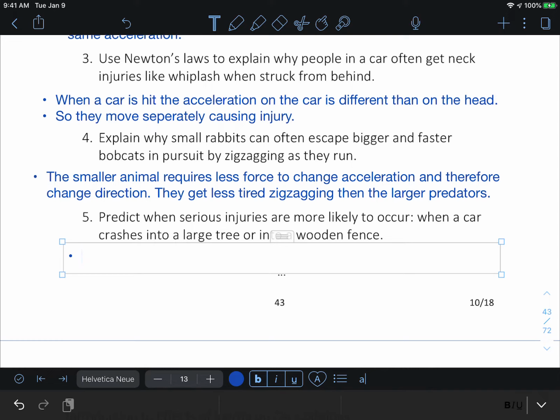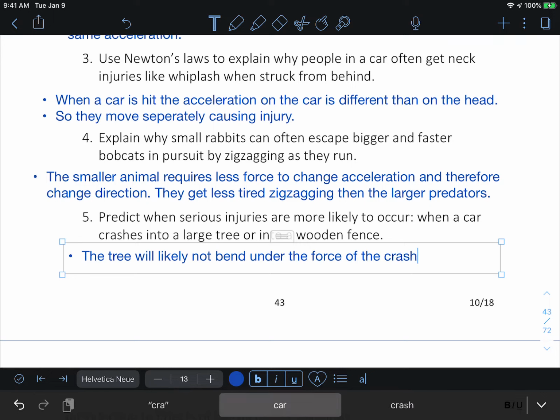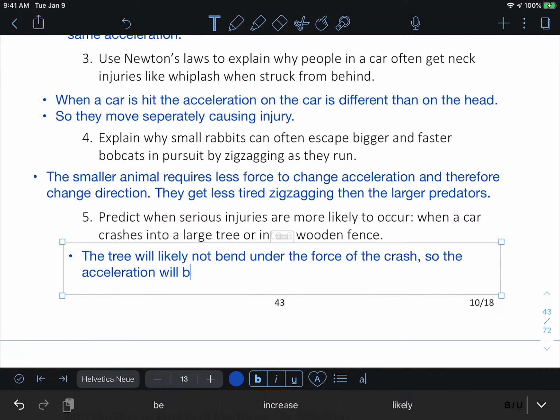Predict when serious injuries are more likely to occur: when a car crashes into a tree or into a wooden fence. Well, the tree will likely not bend under the force of the crash. So the acceleration will be very quick.